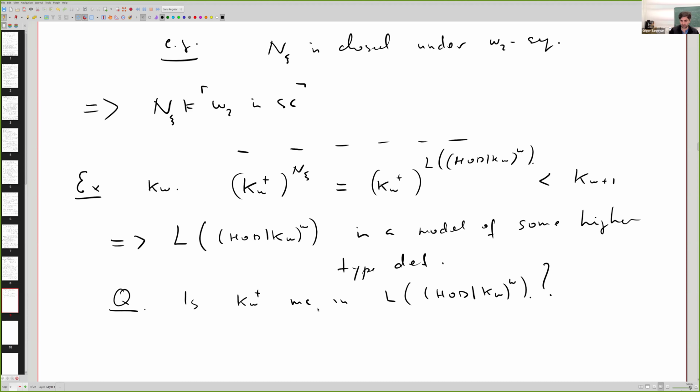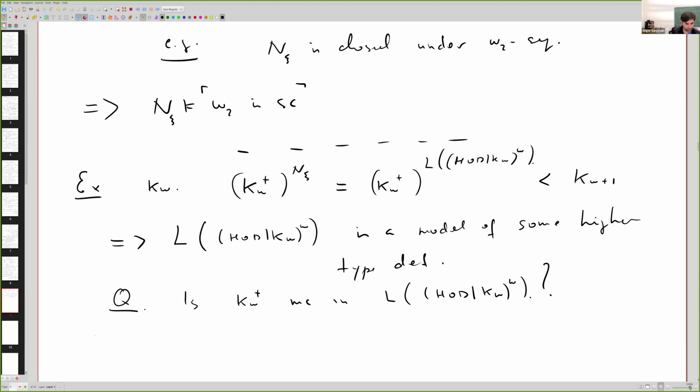So to me, this is kind of an ATAC solution. It would have been nicer if we actually knew what kappa omega plus is in the final extension. In the final extension, it could be kappa omega plus 1, or it could be smaller. We don't really know what it is at this point. And I think maybe there are some questions you could answer if you knew exactly which. For example, you could ask a little bit stronger.